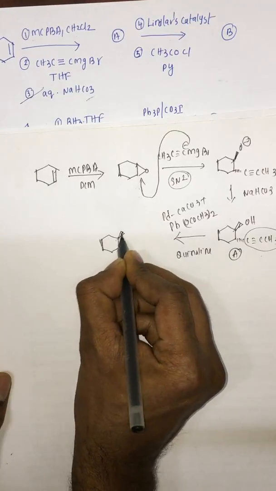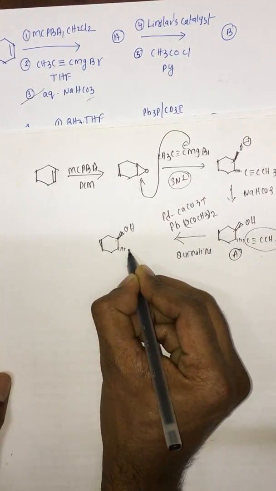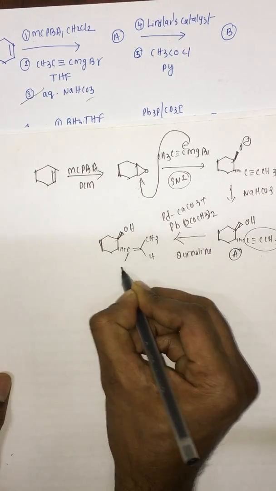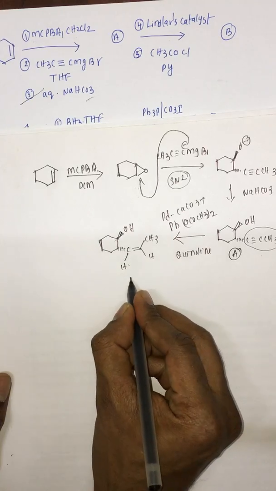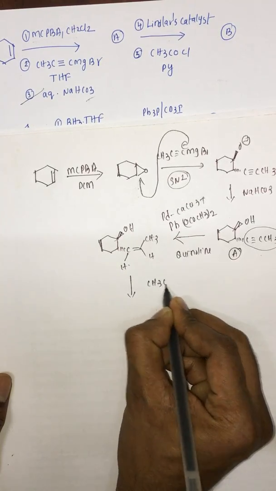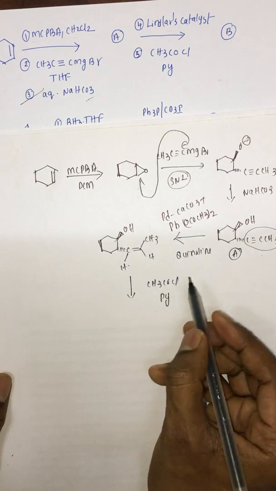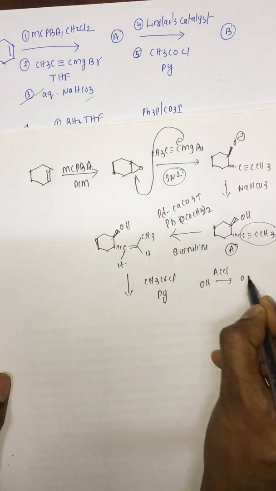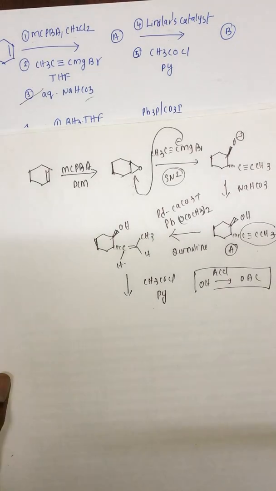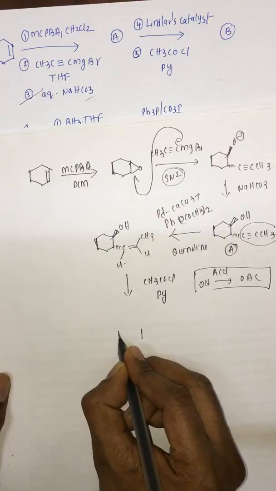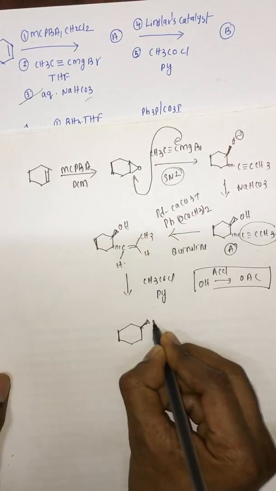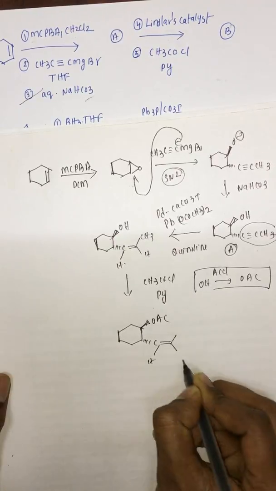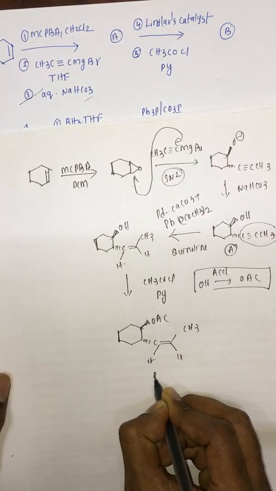So that means here we'll get C double bond C with CH3 and H, and H. In the next step we have acetyl chloride in the presence of pyridine. We know that OH in the presence of acetyl chloride gets converted into OAc. This is a very simple reaction. So this OH will get converted into OAc. This is the product B.